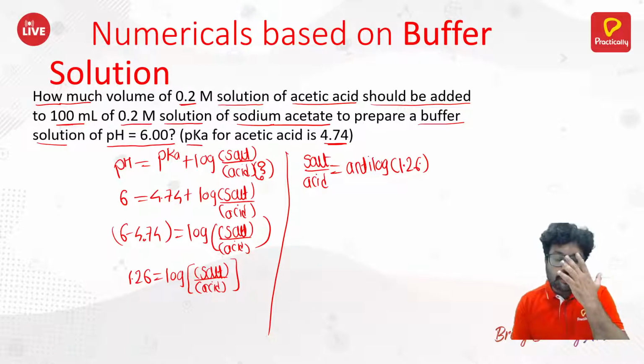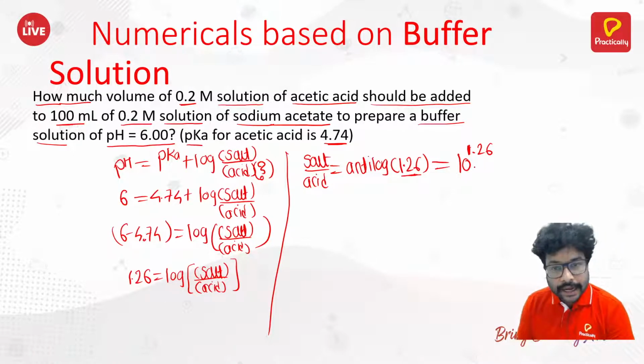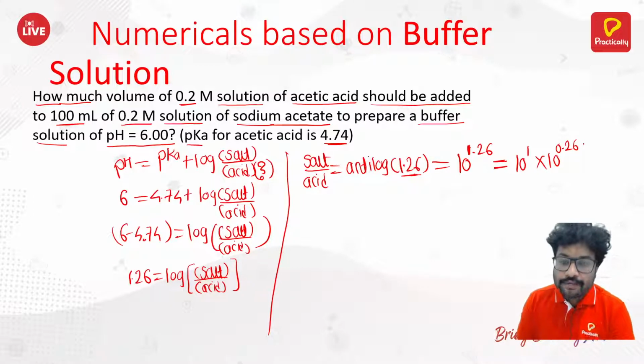Now let me tell you what is meant by this antilog. Antilog means nothing but this value will become the power of 10. So this is equal to 10 raised to 1.26, which is 10 raised to 1 multiplied by 10 raised to 0.26, right?